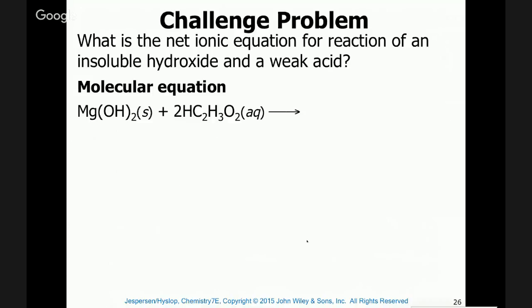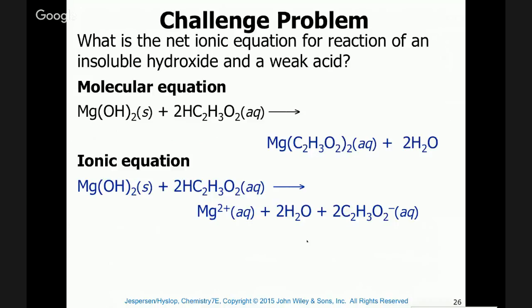What is the net ionic equation for the reaction of an insoluble hydroxide and a weak acid? So there's our product, our ionic equation. Our weak acid does not dissociate. Magnesium hydroxide does not dissociate. In our products, we have our hydrogen, so C2H3O2.